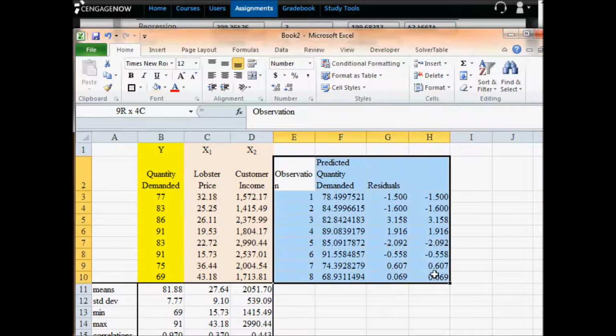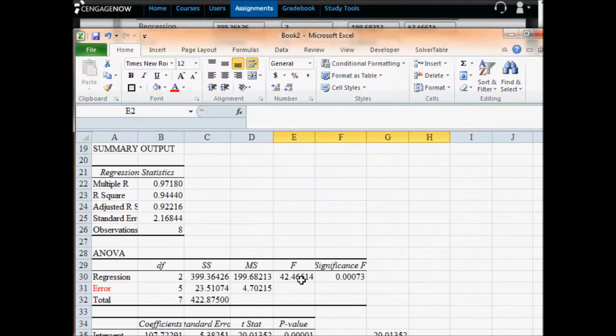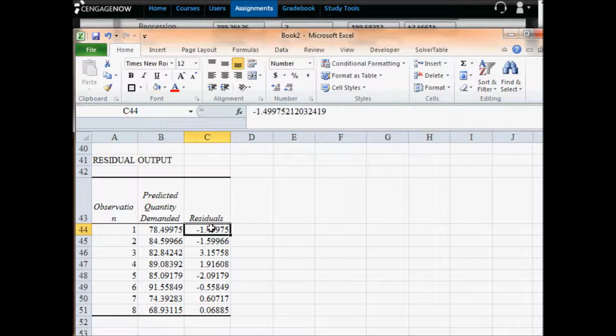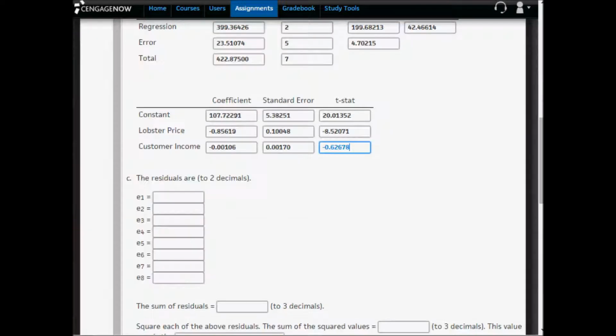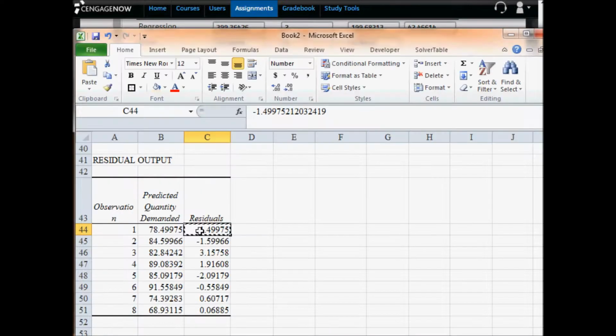So I'm going to delete that and then go down here and get the residuals. I'm going to copy them one at a time into Cengage now. And we only need 2 decimal places, so let's fix that first.